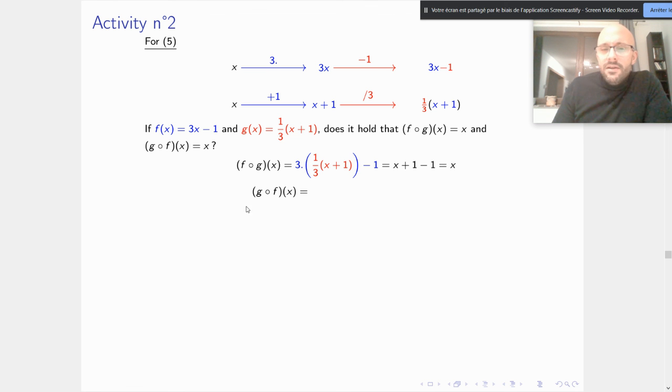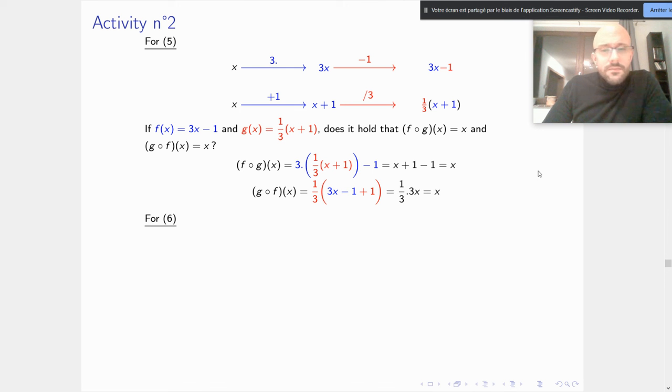And what about g after f? G after f, so we take the expression of g, this one, and replace x by 3x minus 1. So we see here that the minus 1 and the plus 1 cancel, and after that the 1/3 and the 3 cancel also, and it gives us also x. So it seems to work, that property.